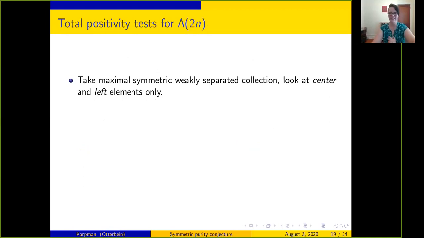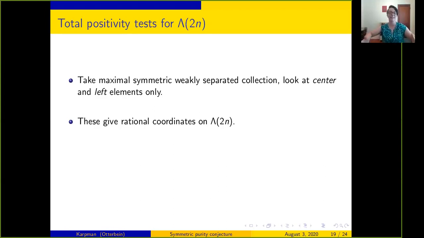The other thing that this way of thinking about face labels does is that it makes it a little cleaner to talk about coordinate charts from these symmetric weakly separated collections. So if I have a maximal symmetric weakly separated collection that I built combinatorially, maybe without a lot of reference to a graph or tiling, I can tell by examining individual elements whether they are left, center, or right. If I take just the left and center elements only, those are going to give me a coordinate chart, right?